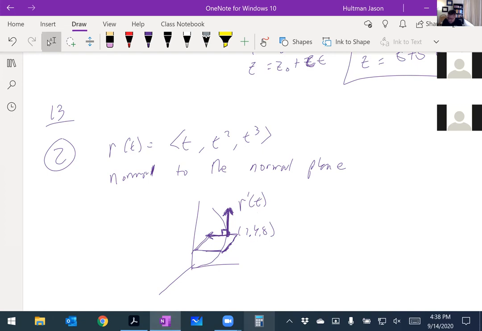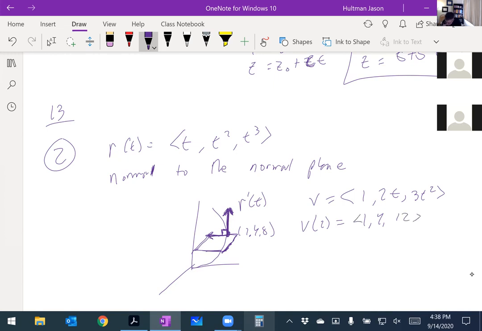All you do is take the derivative, which is going to be your v, and plug in when t is 2. My v is equal to 1, 2t, and 3t squared. So v evaluated when t is 2 is 1, 4, and 12.